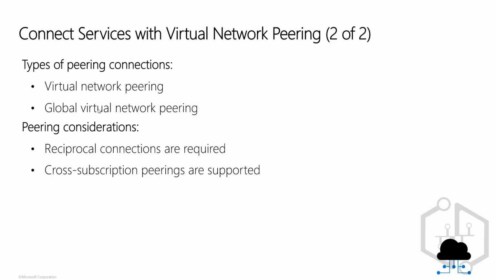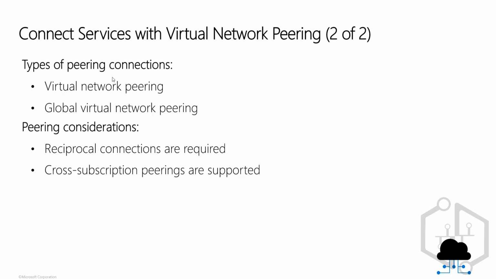Once it comes to virtual network peering, there are different types of virtual network peering that one can have. One is your regional VNet peering, and second is your global VNet peering. When you say regional VNet peering, it means within the same region, within the same subscription, you have two VNets and you are establishing a peering between those two VNets.